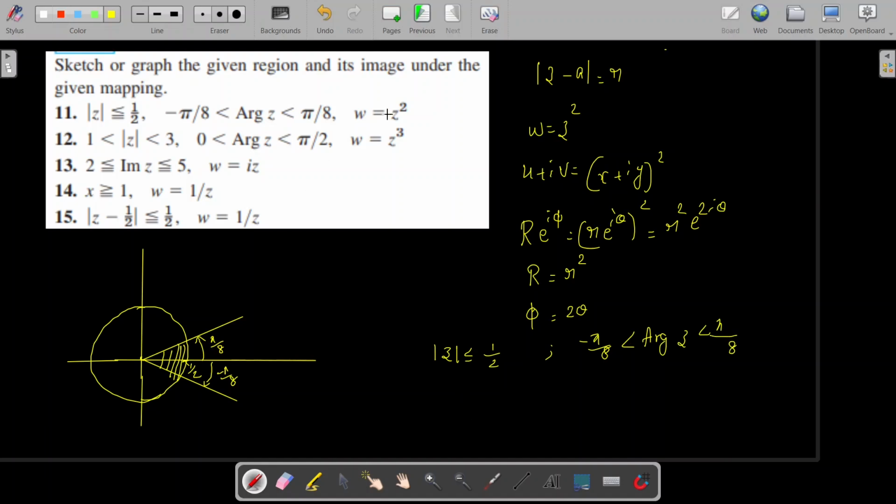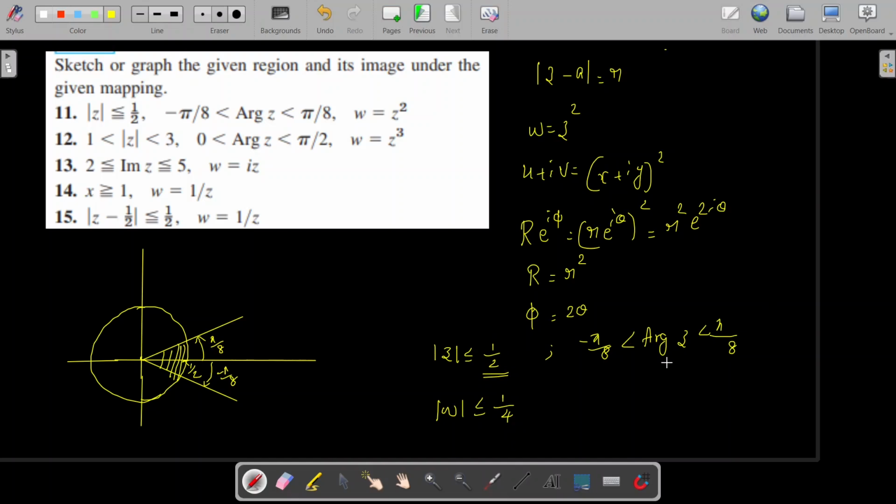Under the map w equal to z square, the amplitude becomes the square of the amplitude, and so we have mod w less than or equal to 1 by 2 square, that is 1 by 4, because small r becomes small r square, and here small r is 1 by 2.